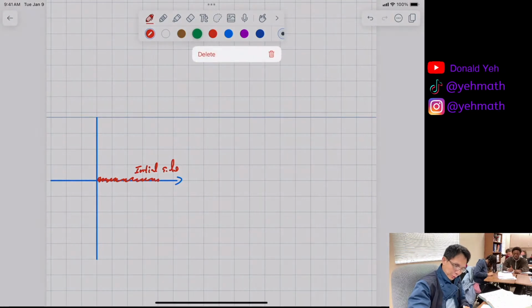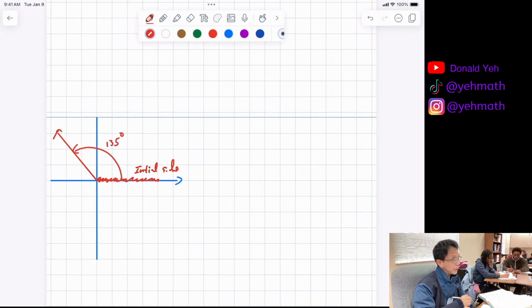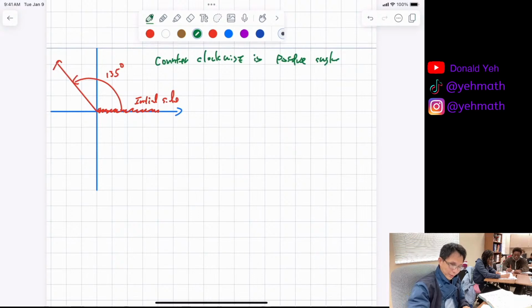If you go from here to here, that's positive 135 degrees. But if you're going backwards, which is clockwise, it's a negative angle. So what if I go clockwise?